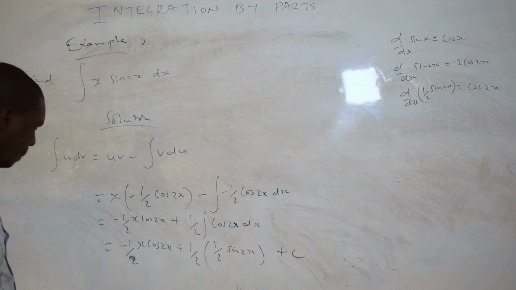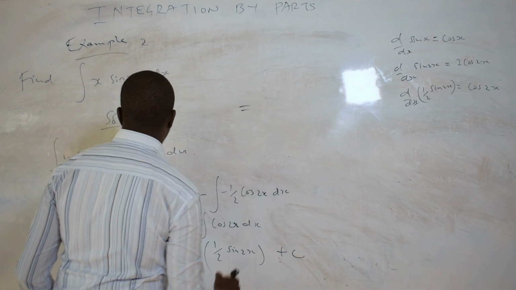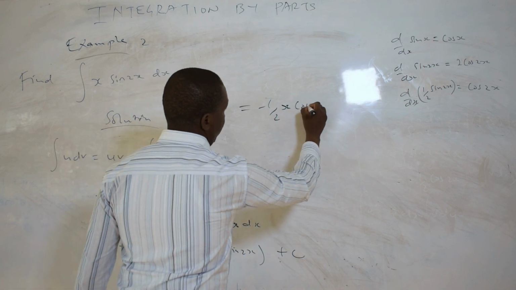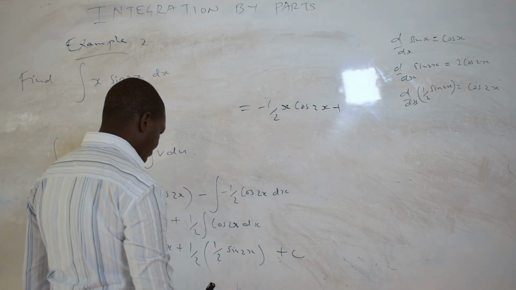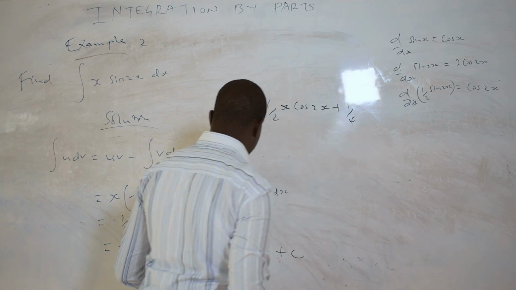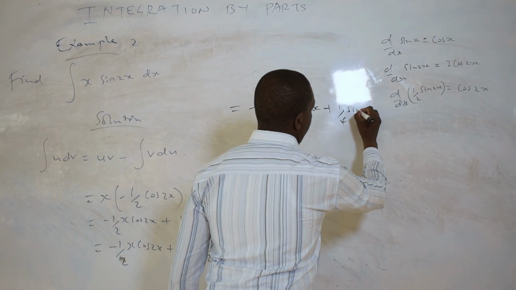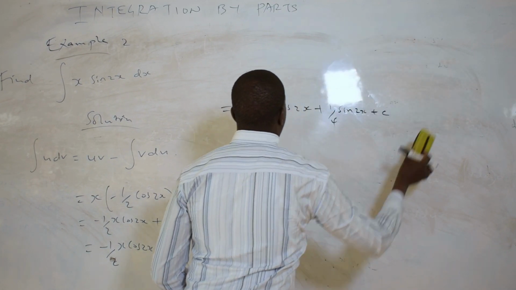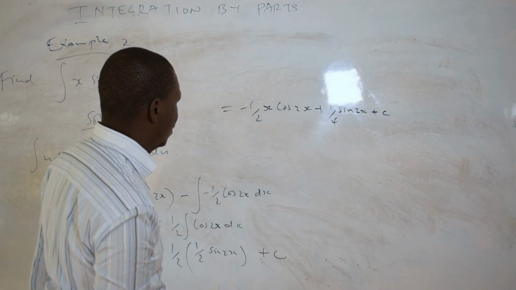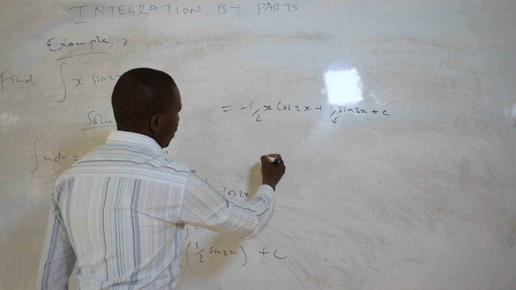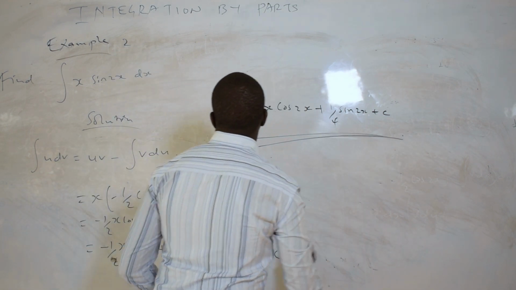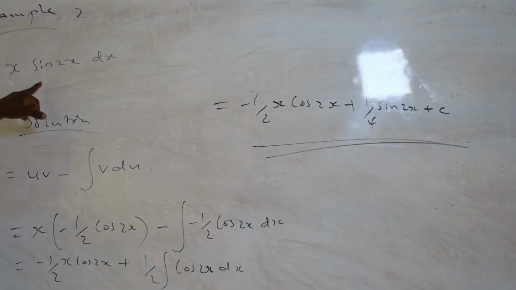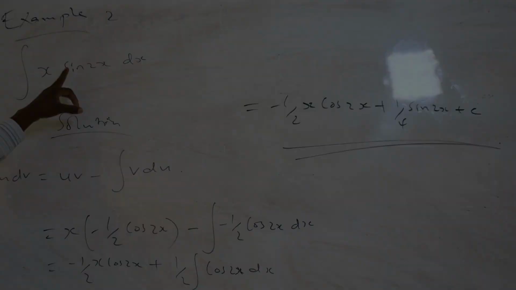Now, the solution to that integration is minus a half x cos of 2x plus 1 over 4 sine 2x plus the constant term c. That's the solution of the integration of x times sine of 2x dx.